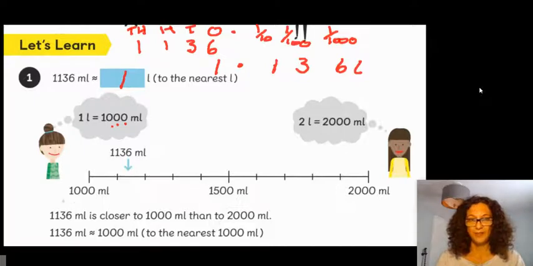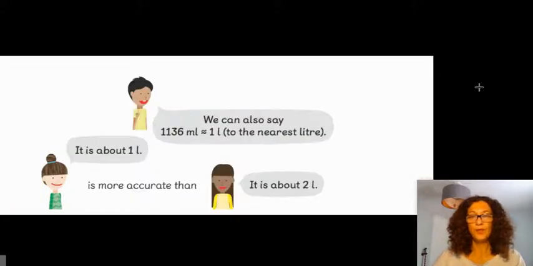Because we know it's closer to here. You're listening so well. We can also say that 1,136 millilitres is equal to 1 litre, to the nearest litre. It is about 1 litre, is more accurate than it is about 2 litres, because 2 litres, it wasn't even past 1.5 litres, was it?